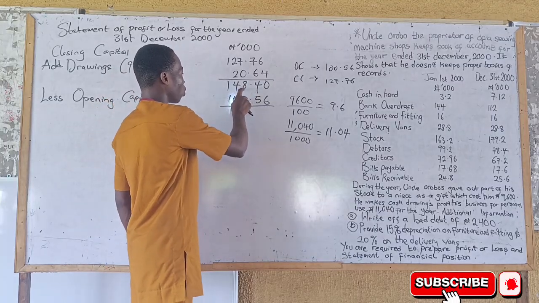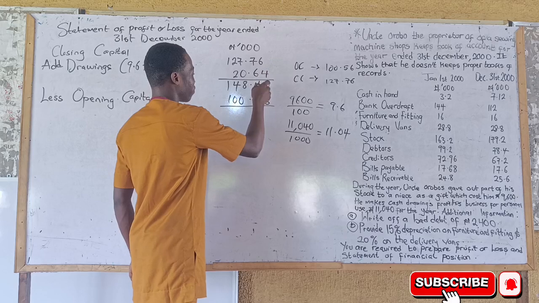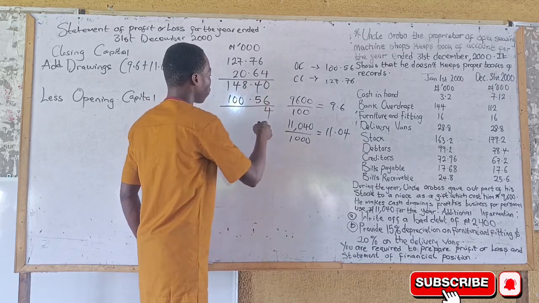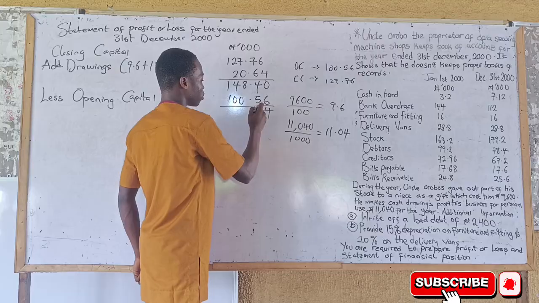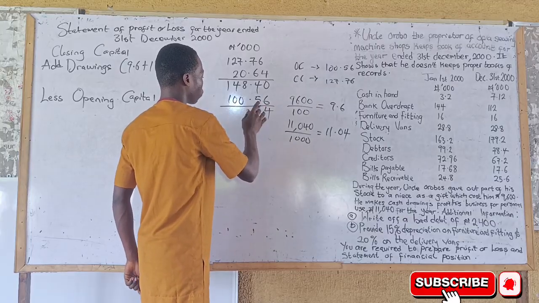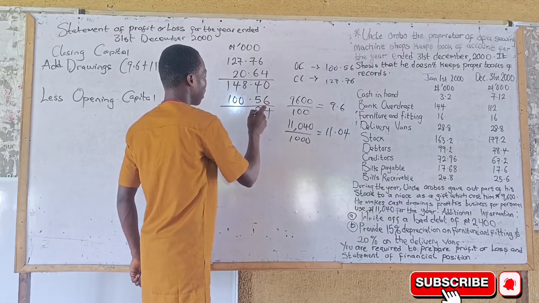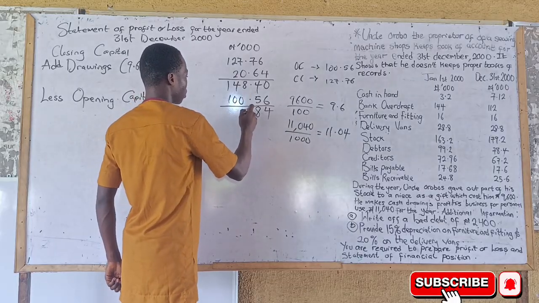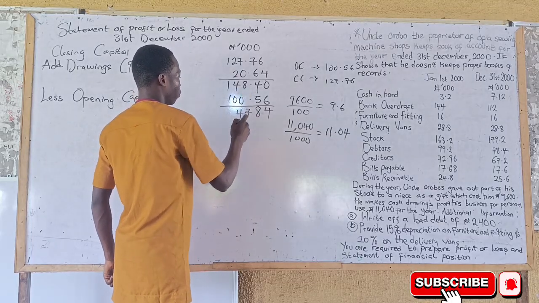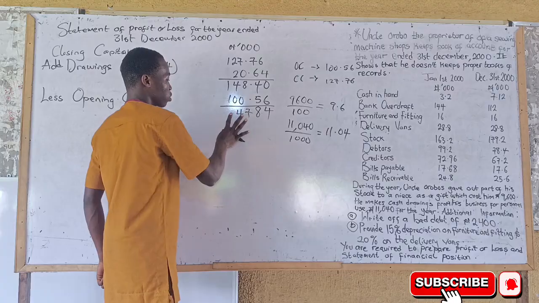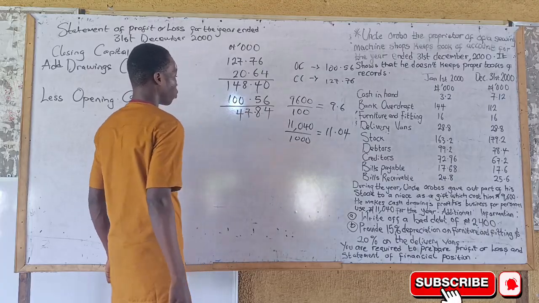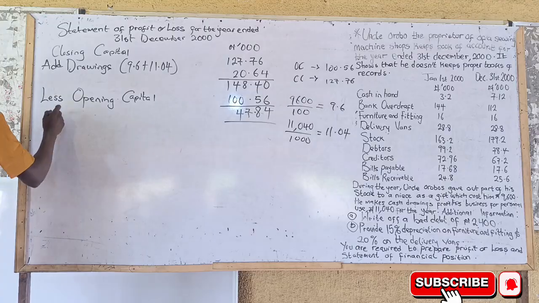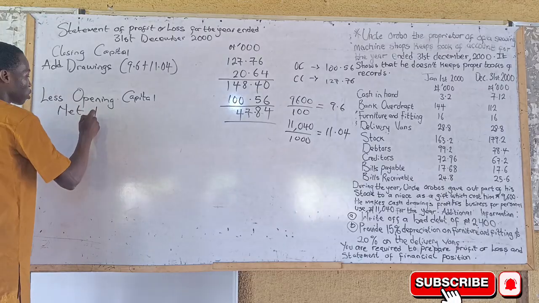To less this, you borrow one from here, we have 7, 14, 13, 10. So subtracting this, we have 4, 8, then 7, 7, 4, 0. So we have 47.84. 47.84 is the net profit for the year.